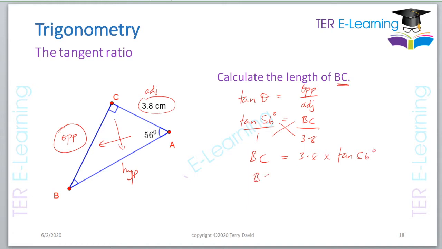So therefore BC is equal to, and you work that out. When you work this out, you're going to get 5.63 centimeters. So for those of you who got 5.63, the answer is 5.63.